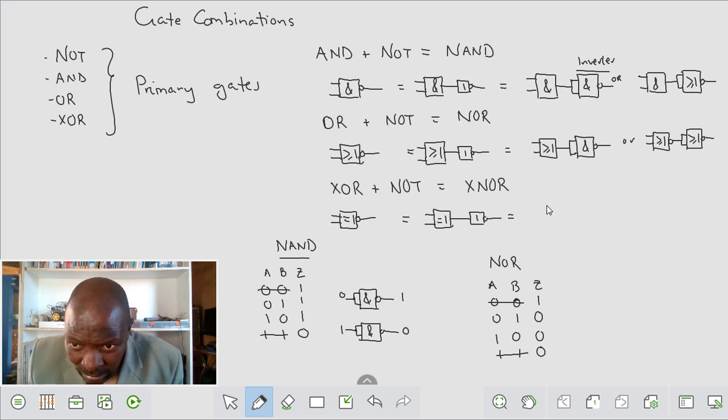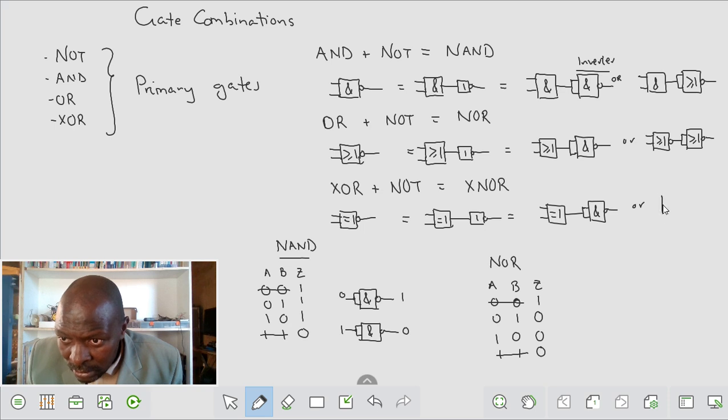So here we could have had our exclusive OR, the output being inverted with either a NAND, which is an inverter, or a NOR.